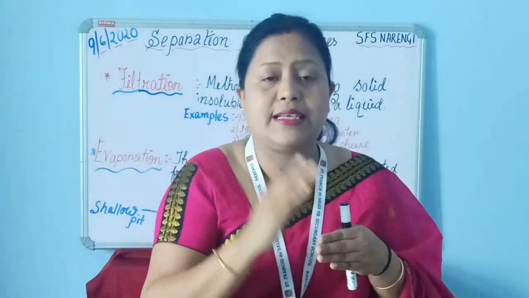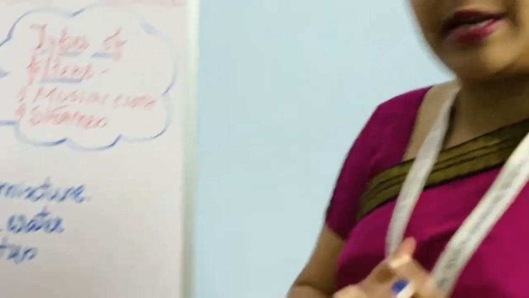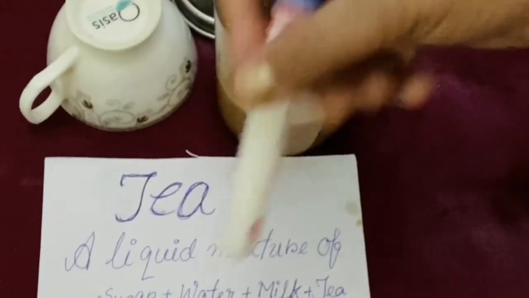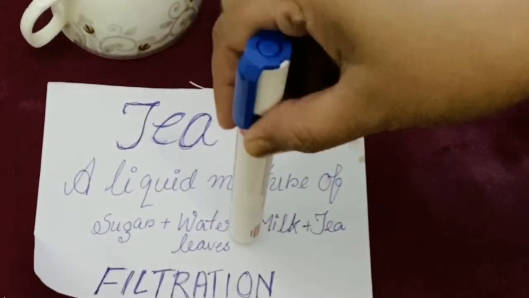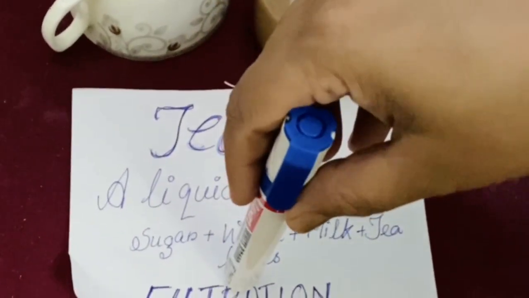So we will understand this method of filtration with some activities. Clear, students? So just look at the activities now. Related to filtration, we shall be doing 2 activities. First, the tea. Tea is a mixture of different components: sugar, water, milk, and tea leaves. So we will be using this mixture to perform the process of filtration.